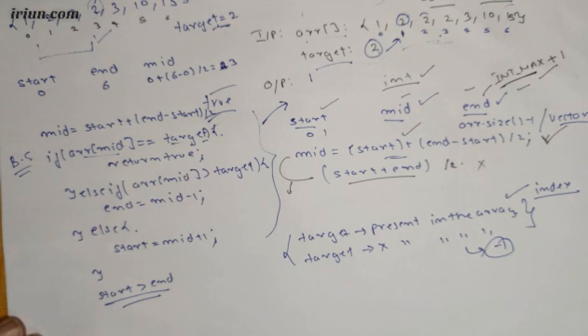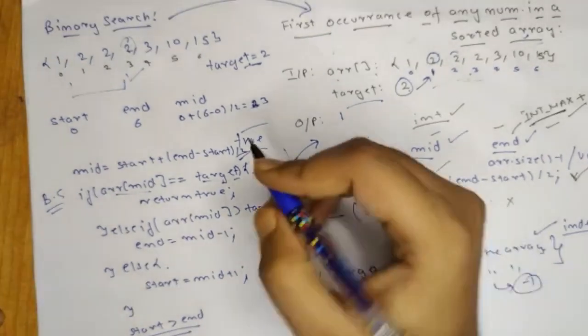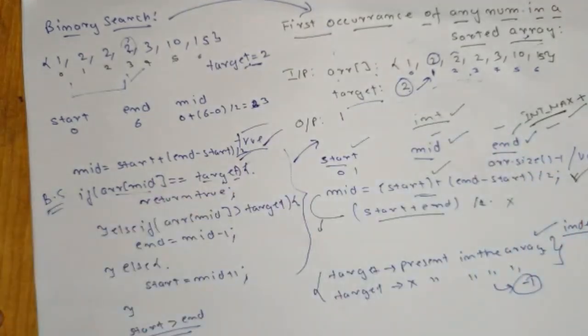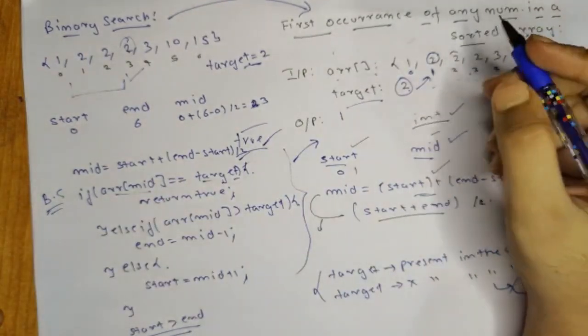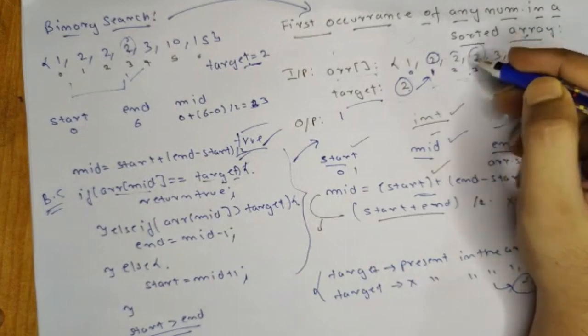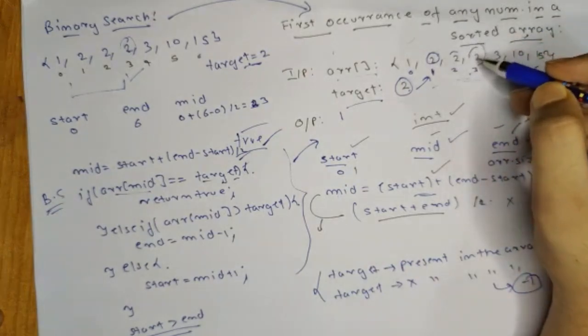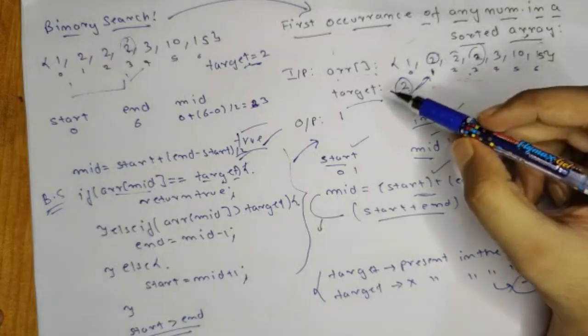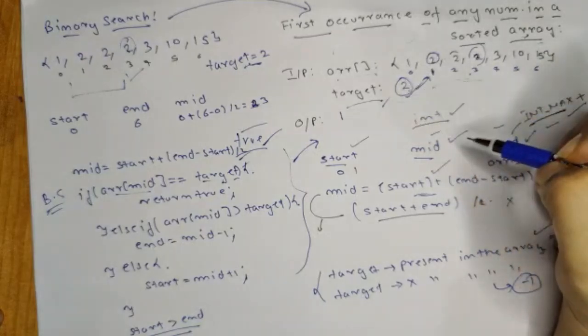So what we can do is calculate the mid like we do in binary search. What if we get a mid value that is equal to the number we are looking for, but we have to return the first occurrence of it?